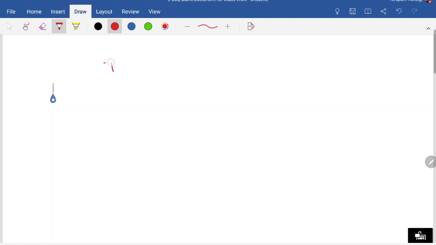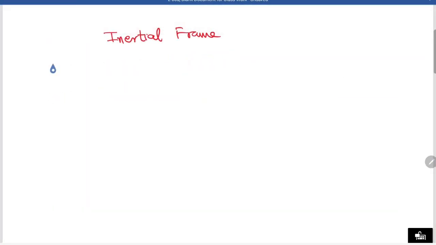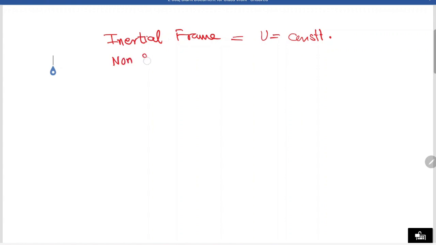You have the inertial frame, in which u is equal to constant. You have frame velocity which is constant. So that is the inertial frame. After that you have the non-inertial frame.